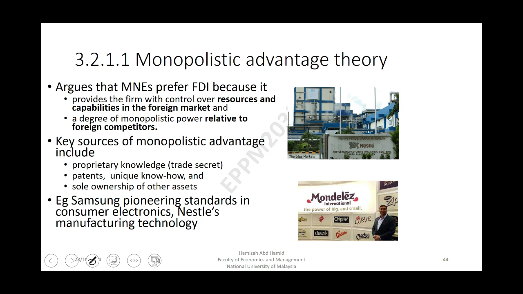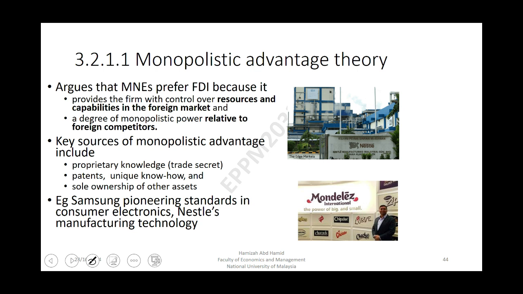The key sources of monopolistic advantage include knowledge, patents, and sole ownership. So it makes sense for companies to internationalize through FDI. If they do licensing or franchising, the trademarks and trade secrets can be copied.